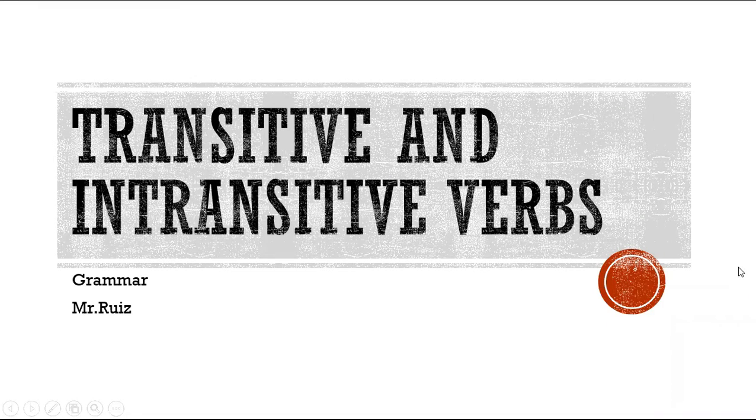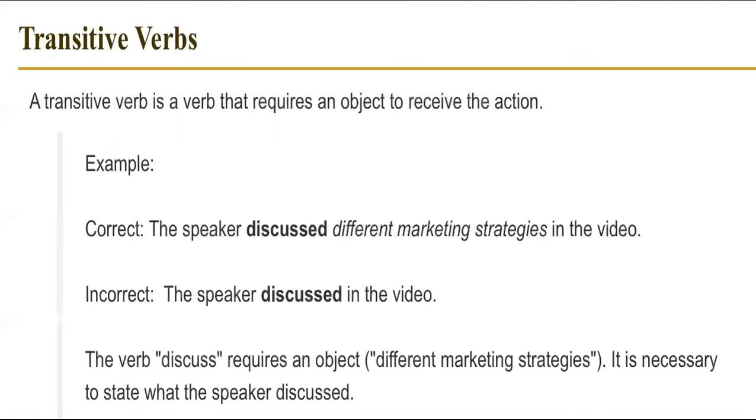Today, guys, we're gonna make a review of transitive and intransitive verbs. For you to understand what is a transitive verb, transitive comes from the word transit. I'll put it here, transit.